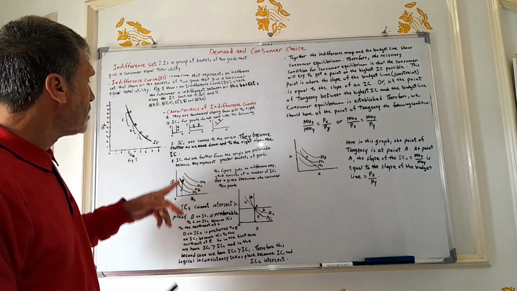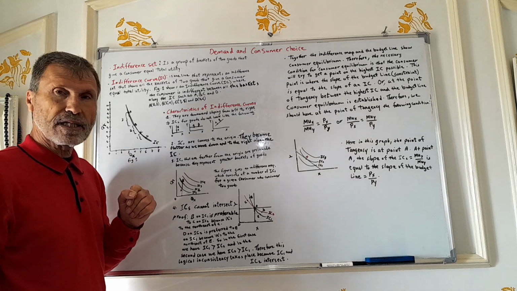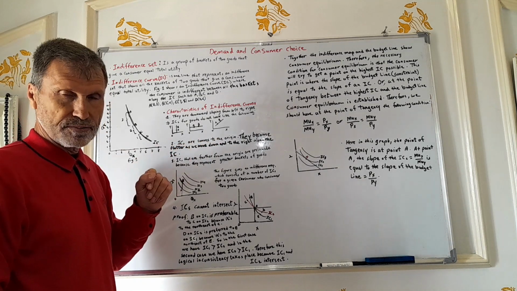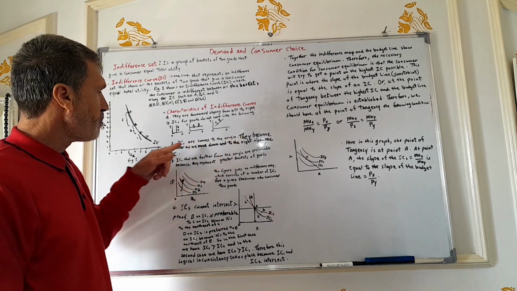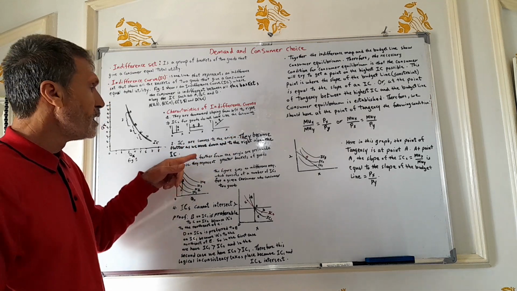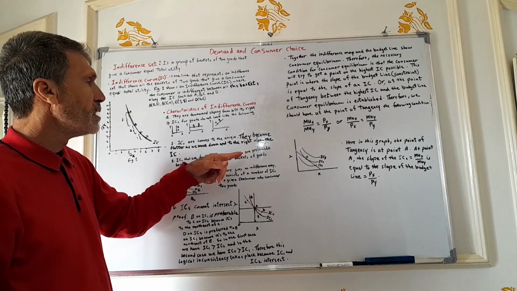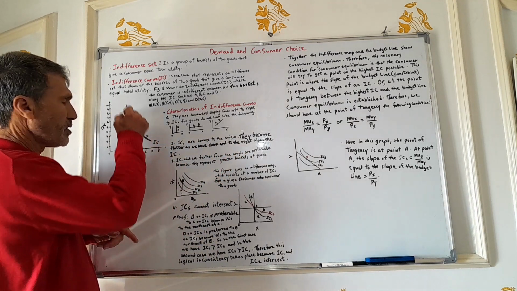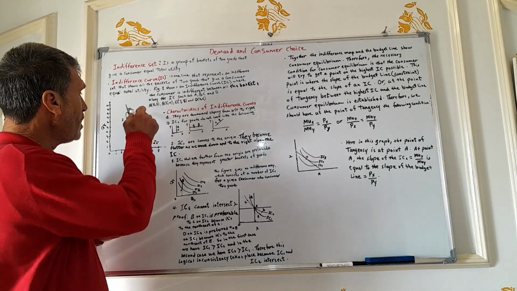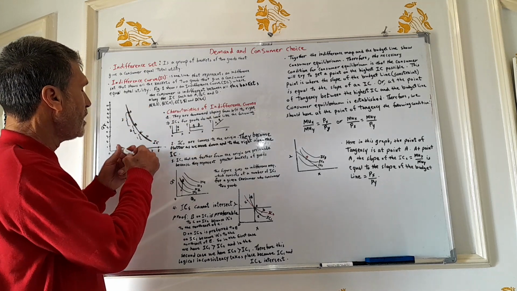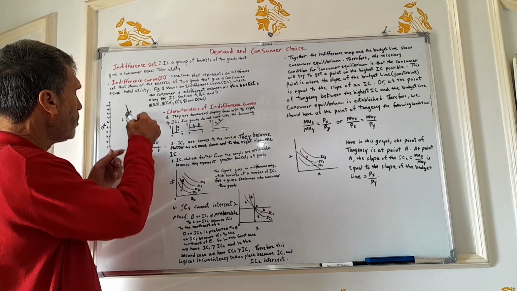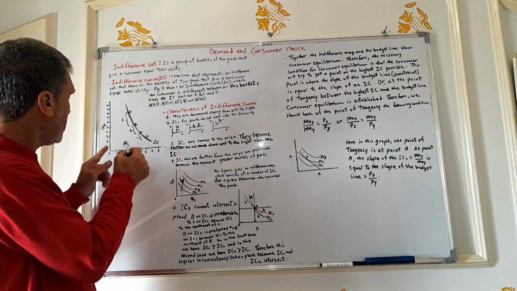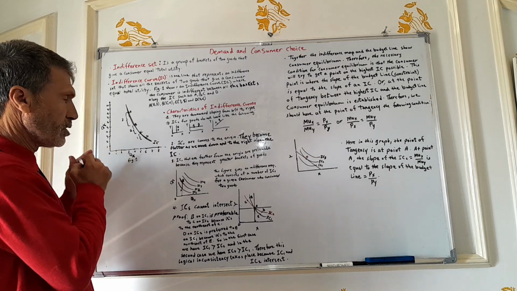Now, the second characteristic is that indifference curves are convex to the origin. They become flatter as we move down and to the right along the indifference curve. Look over here. This is an indifference curve. It is convex to the origin, its back is opposite to the origin.